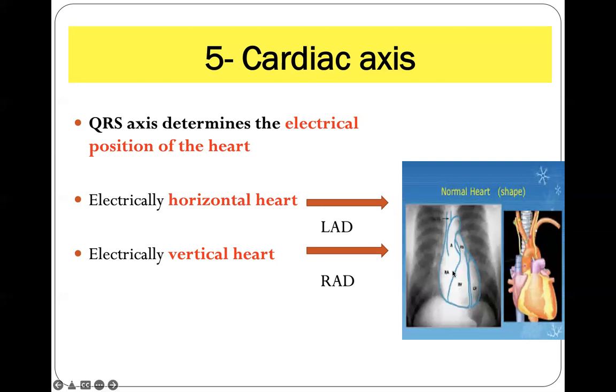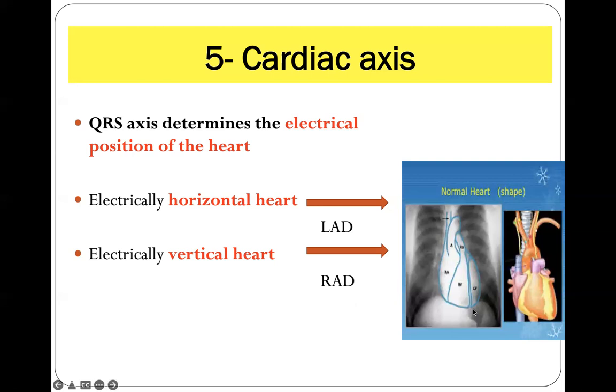In order to determine the electrical axis of the heart using the ECG, we will use some images or some electrodes. One electrode that images the heart from above, and the other electrode that images the heart from below. Here, we will choose the above electrode, which is lead one, and the lower electrode, which is AVF.